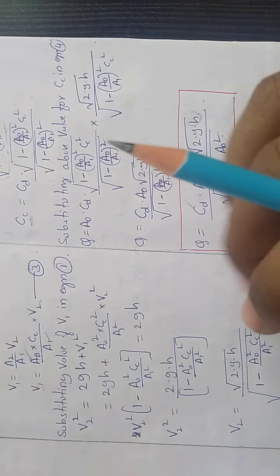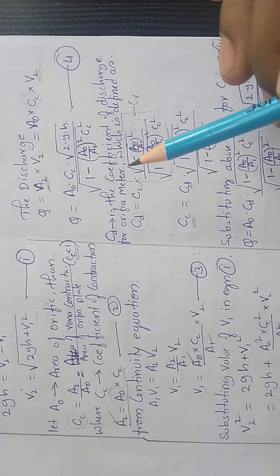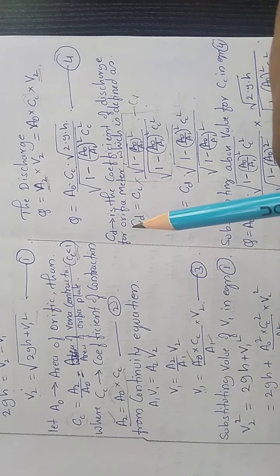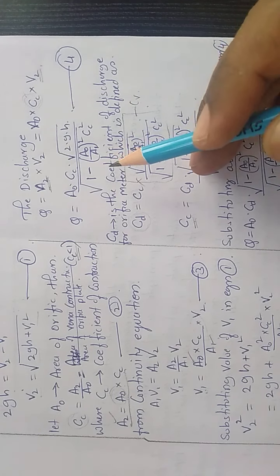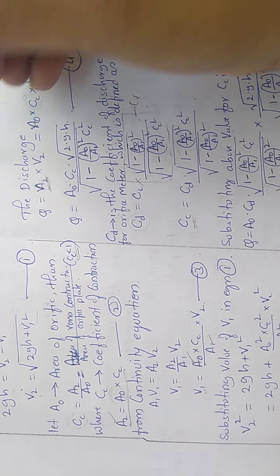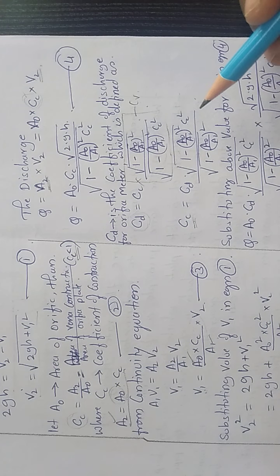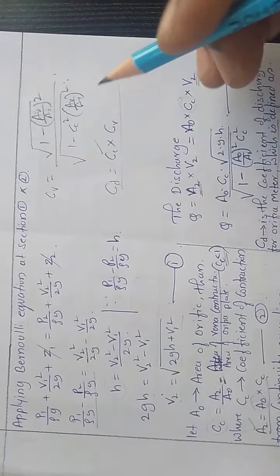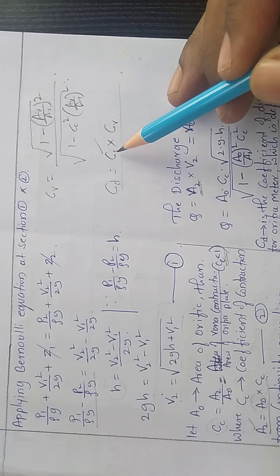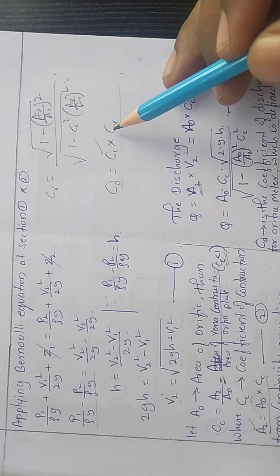In the derivation of the orifice meter, two new terms will appear. One is the coefficient of contraction. What is the coefficient of contraction? It is the area of the vena contracta divided by the area of the orifice plate. The other is the coefficient of velocity.